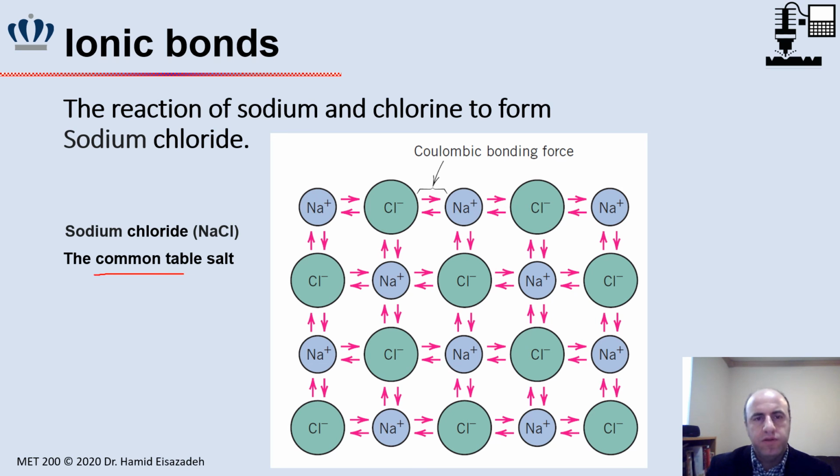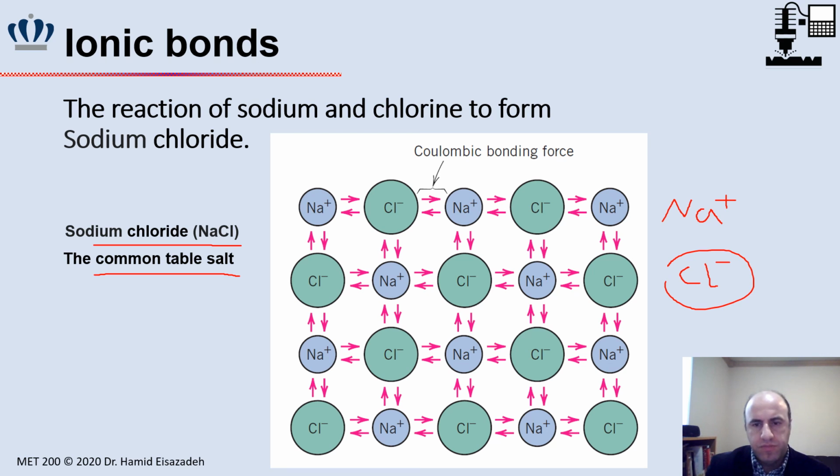One example of an ionic bond is table salt, sodium chloride, NaCl, where we have Na plus, which is sodium, and Cl negative, chlorine, and they are strongly attracted to each other.